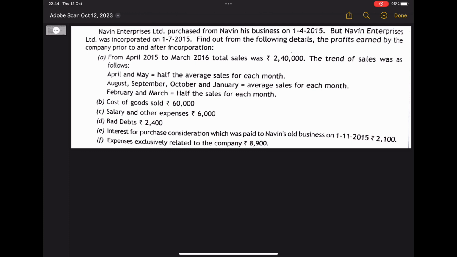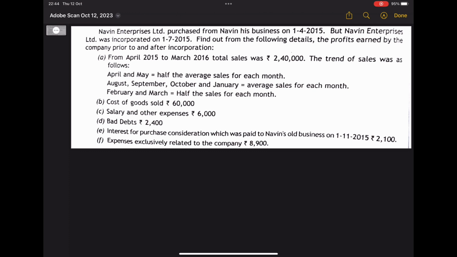So the first three lines are totally related to the time ratio, where we are going to calculate the pre-incorporation period and post-incorporation period. Then we will figure out the time ratio. Next, they have given certain information which is relevant to the expenditures and the incomes of the business.